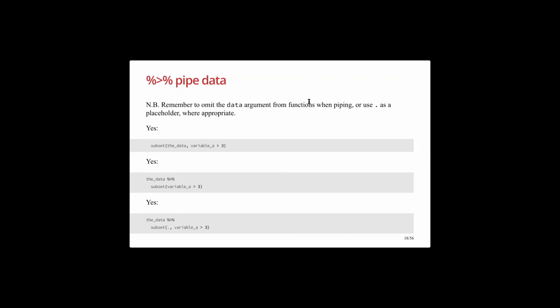If you're using this pipe, which we will be, you can actually use a little placeholder here as well. The period mark acts as a placeholder. That's where my data argument would normally go. You can be explicit about it and put it in as a little dot. That is exactly the same as this.